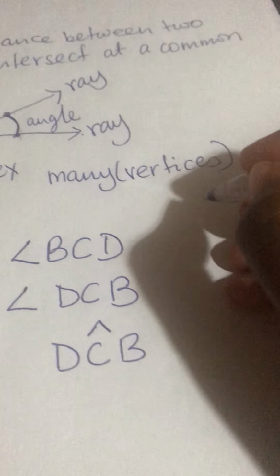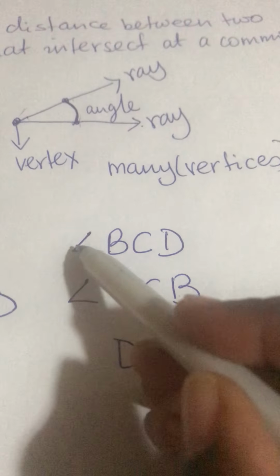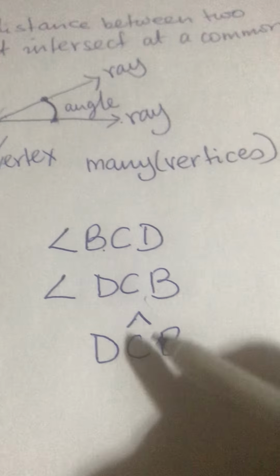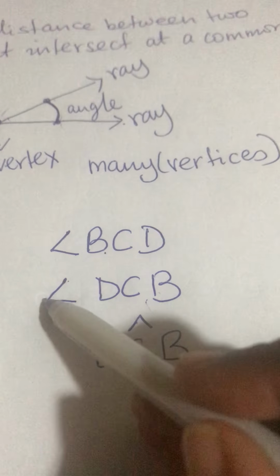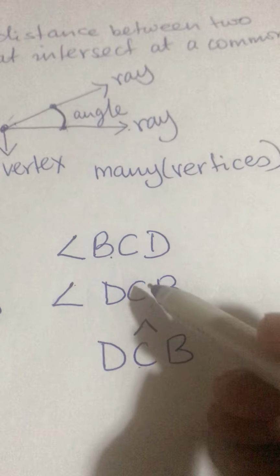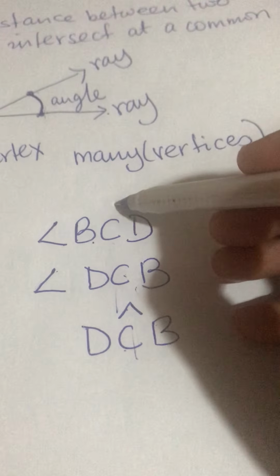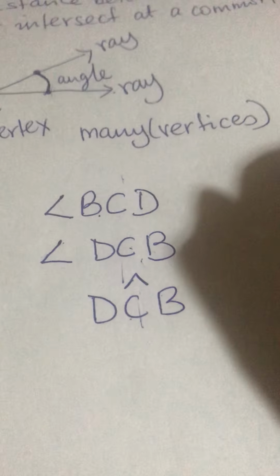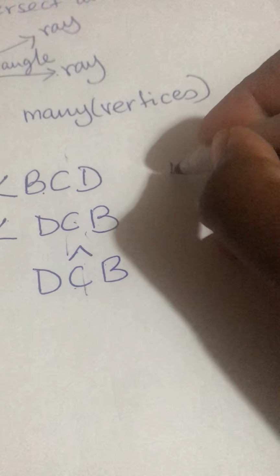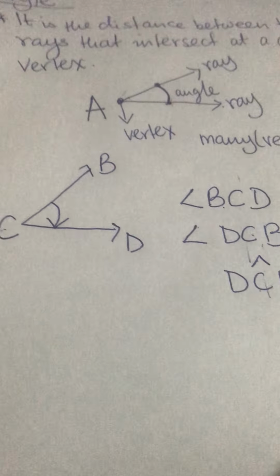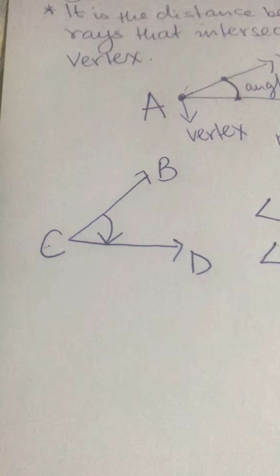Okay? So angles are either shown with this sign or the sign on top of the letter. So when the sign is like this, they are talking about C. The letter in the middle, that's the angle they are talking about. Okay? Or B, C, D, like that. So this is how I know I am measuring an angle.